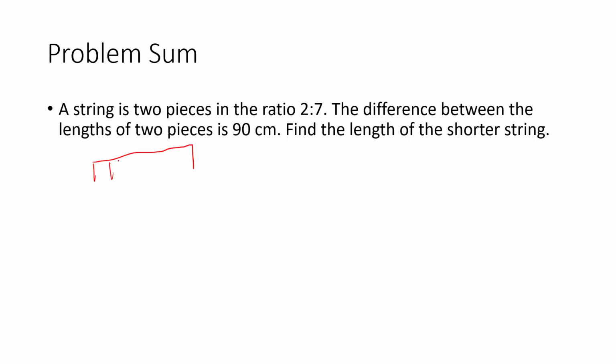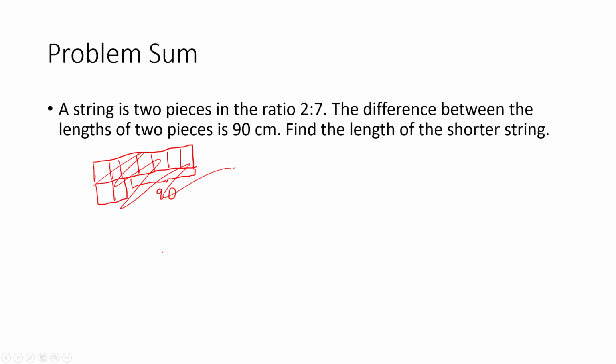So you have 1, 2, 3, 4, 5, 6. Alright, so this is 7 unit and 2 unit, then the difference is 90. So this is the primary school method. Let's forget about it.